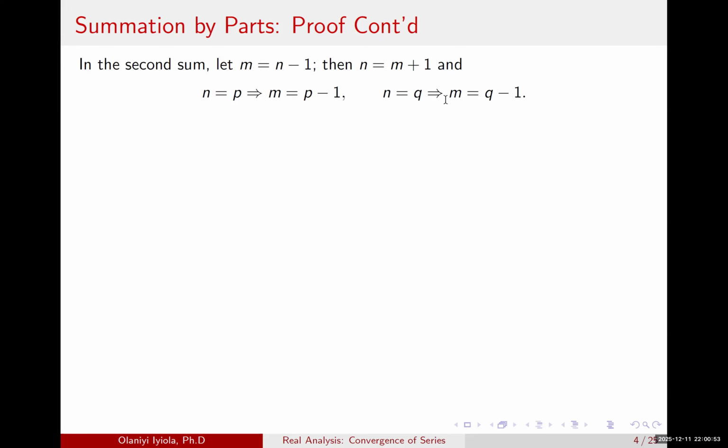If you replace this variable into the second sum, you're going to be getting this sum. So all I'm doing here is to replace n minus 1 by m, n here is replaced by m plus 1, and n equals p is replaced by m equals p minus 1.